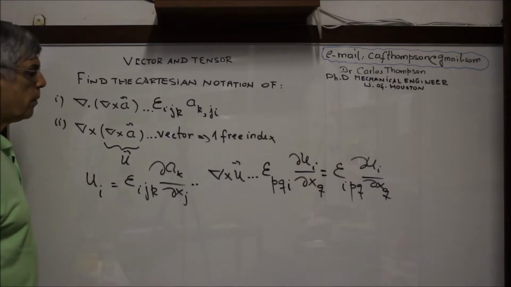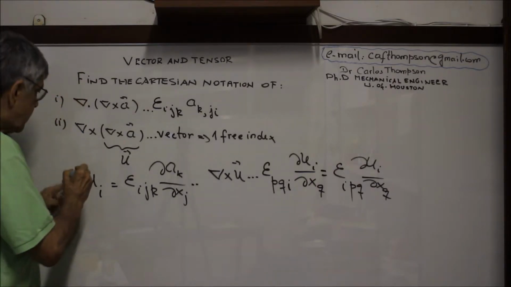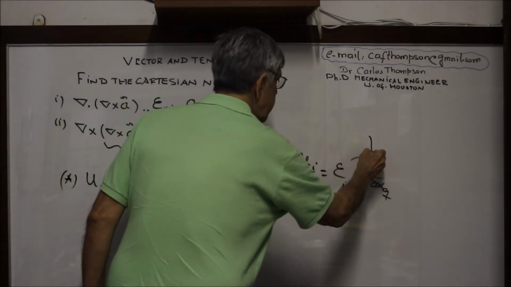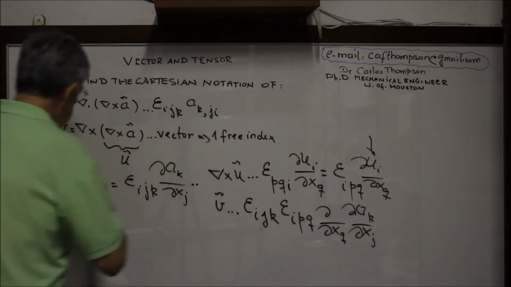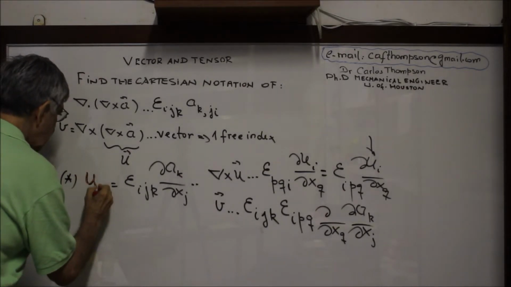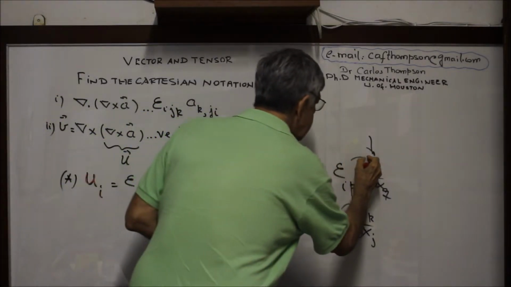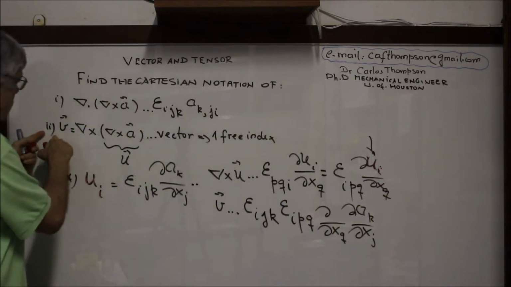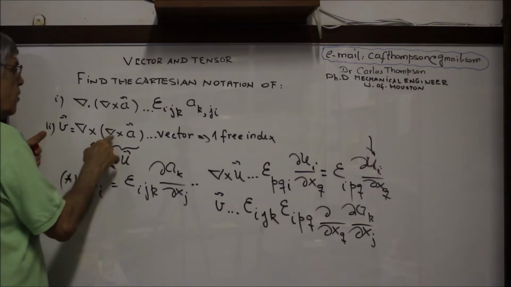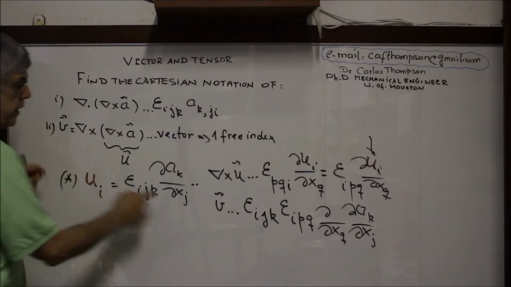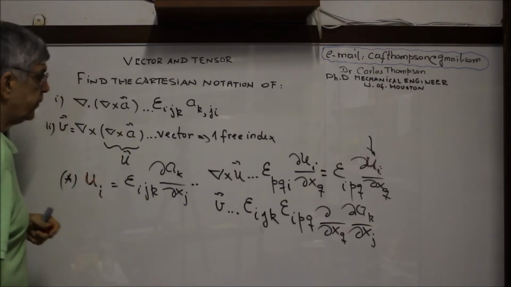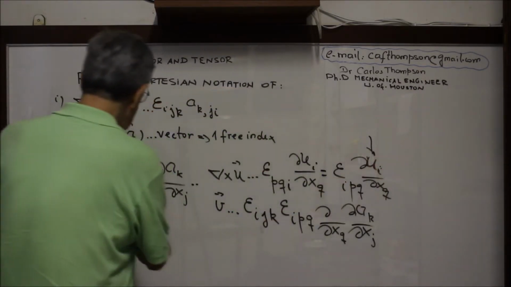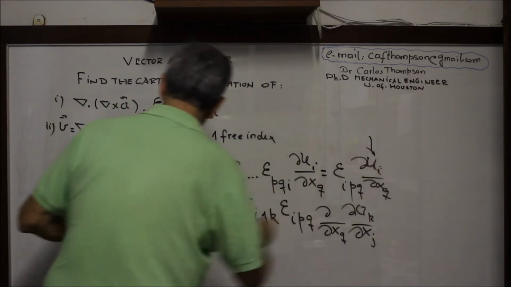No problem. Now I substitute this U i right here. See, this is U i and this is U i. Now you see, I called the curl of A, I call vector V, so that's why I put V over here. Now I substitute U i.